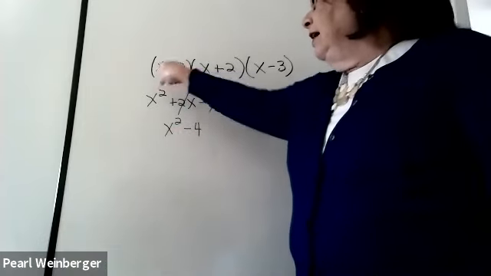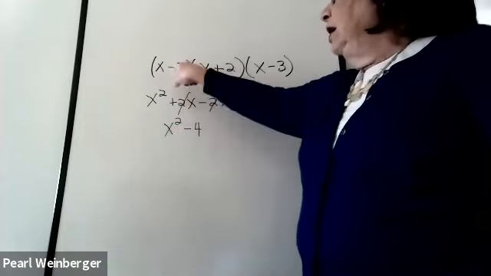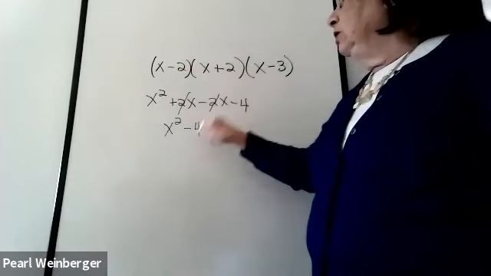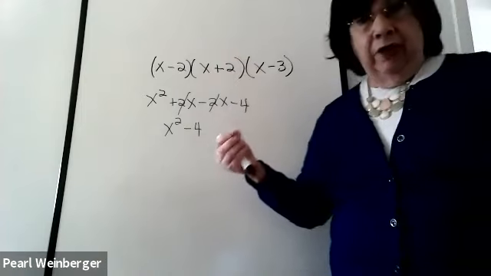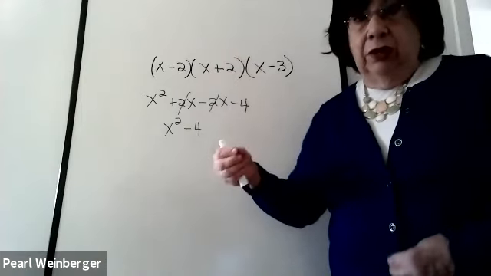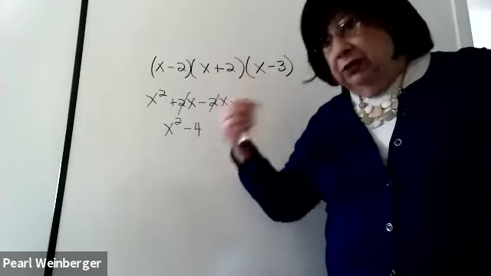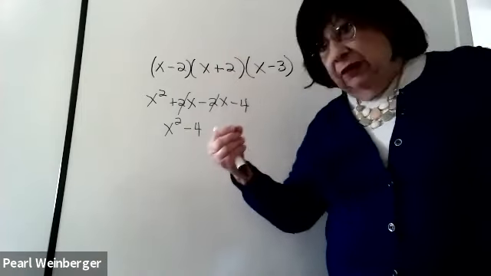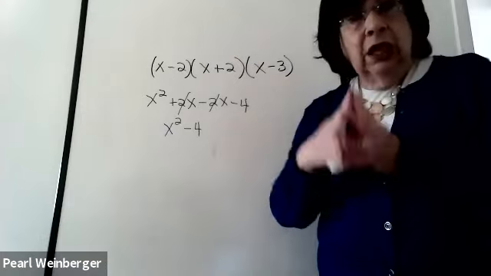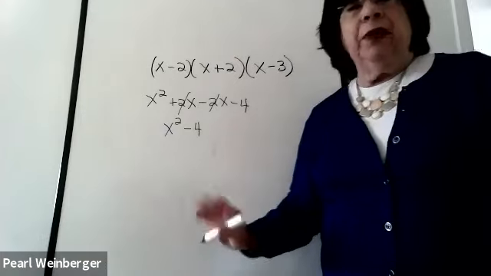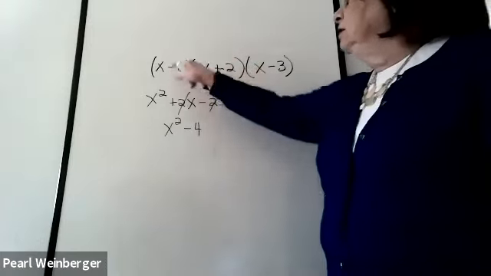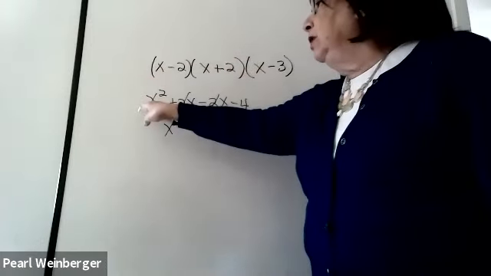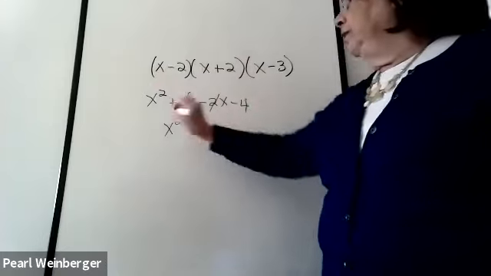You only get the x and the x, which is x squared, and the -2 and the +2, which is -4. If you recognize that you have conjugate binomials, you can save yourself a little time because you know the middle terms are going to cancel out, and therefore you don't have to even bother with them. You don't have to bother saying, oh, this is a -2x and this is a +2x. I could have right away said x squared -4.